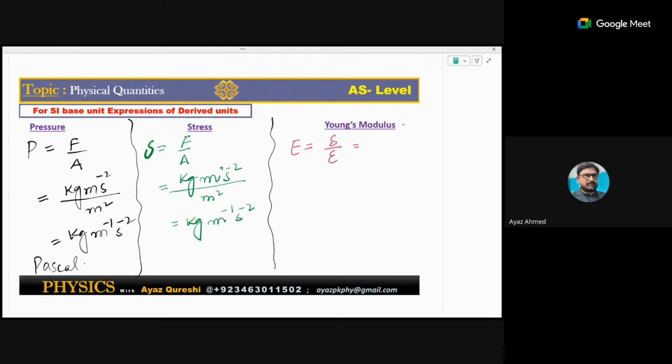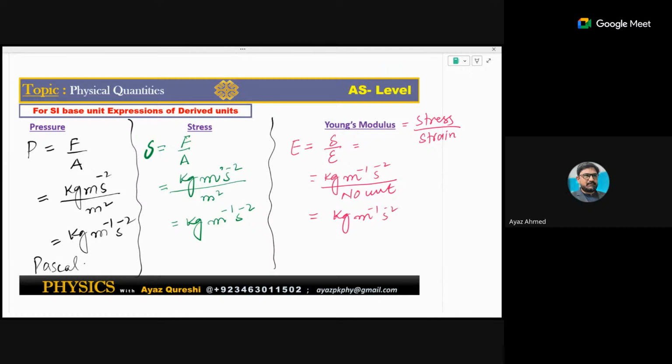The unit for stress is kg m minus 1 s minus 2, and strain has no unit. So overall, what will be the unit? This is same as stress, kg m minus 1 s minus 2.